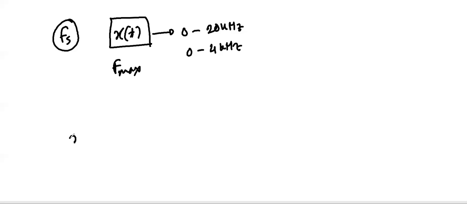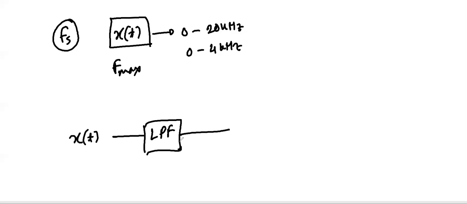So if we try to put it in a block diagram, if we have x(t), first of all, we'll put it through a low pass filter, and the output of the low pass filter will give us, of course, an analog signal x hat(t), where the maximum frequency, which is the cutoff frequency of the low pass filter, let's say is 4 kilohertz.